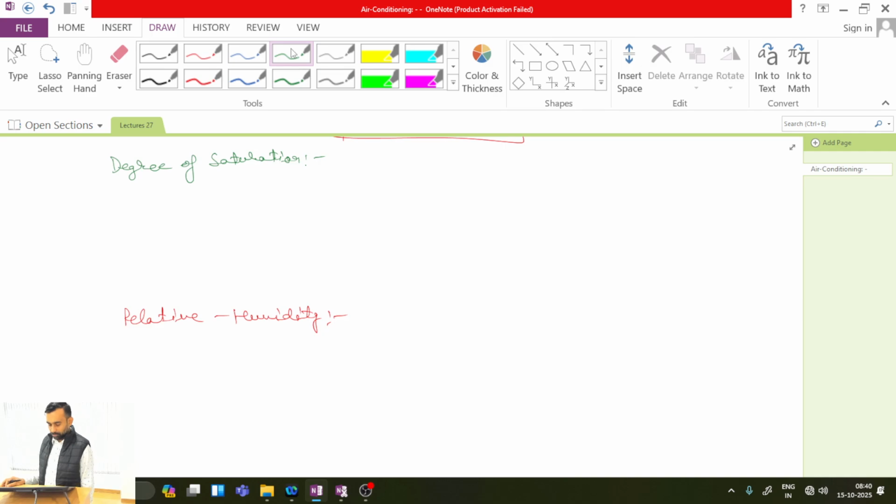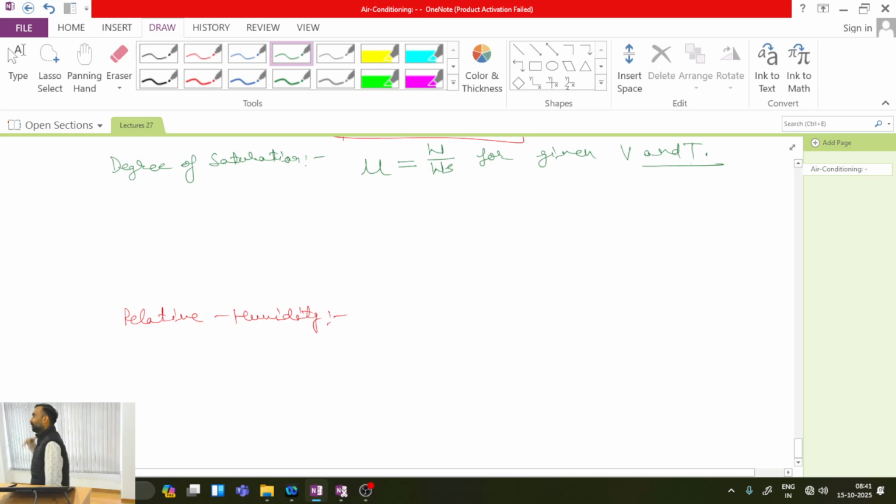In terms of degree of saturation, it is typically given by the symbol mu, and it is defined as the ratio of specific humidity divided by the specific humidity of the saturated air for a given temperature.